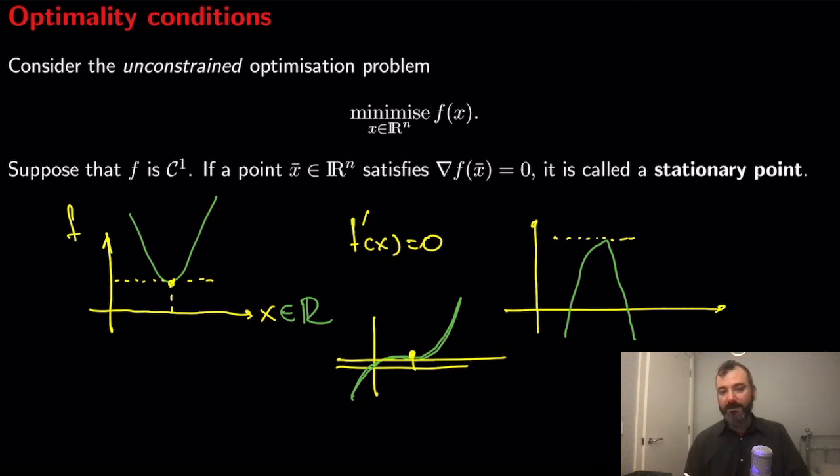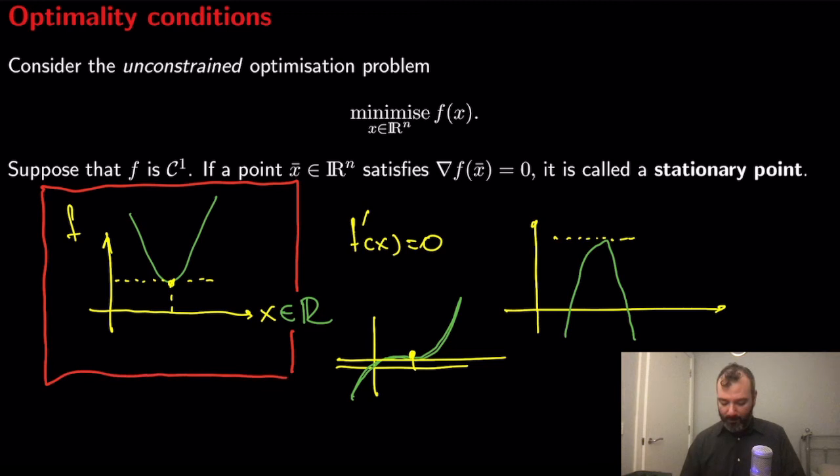It feels like a pity this doesn't work. However, we can certainly tell something about the cases where we have a minimum. So say we have a minimum x star. Let's say even we know that this x star is a minimum. If you know that it is a minimum, then what must happen is that the derivative of this function at x star must be equal to 0. This is called an optimality condition.